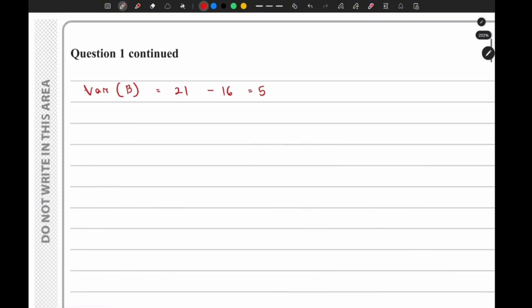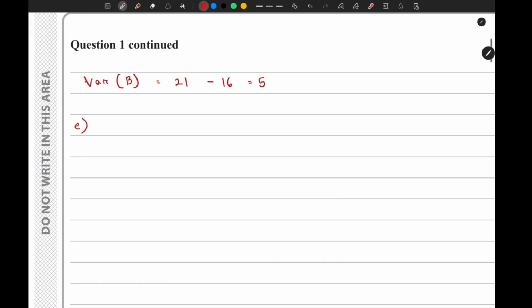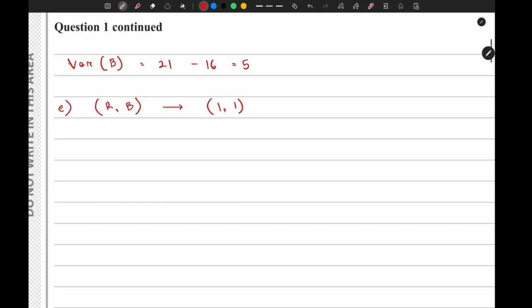Let's say that the possible combinations are R and B. The first combination is 1 and 1, because 1 plus 1 is 2, which is less than 5. The second combination is 1 and 3. So 1 plus 3 is 4, which is less than 5.